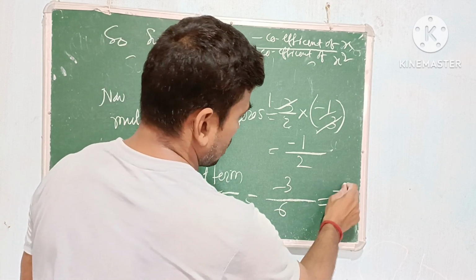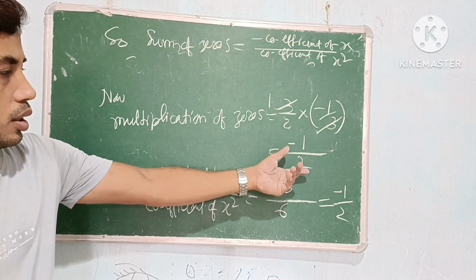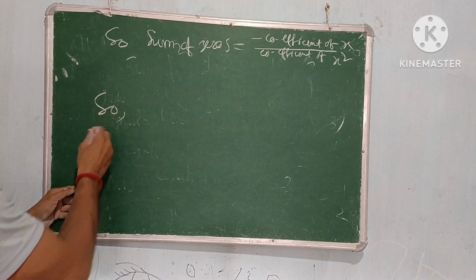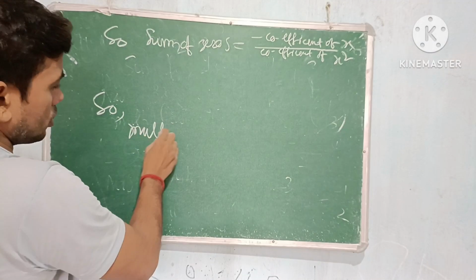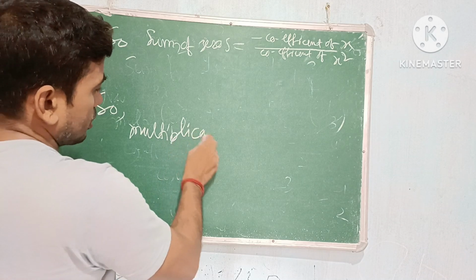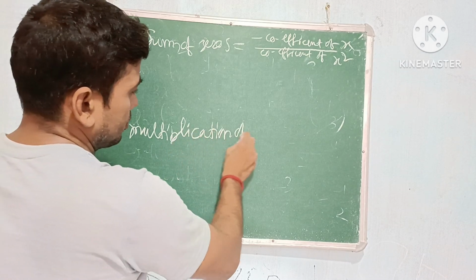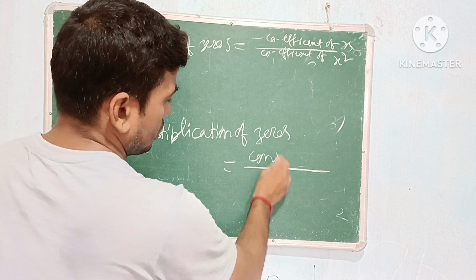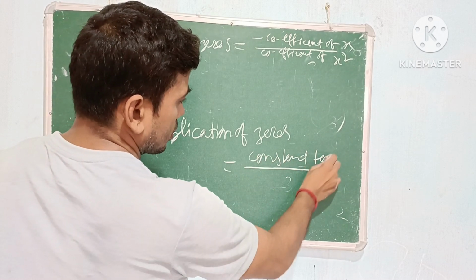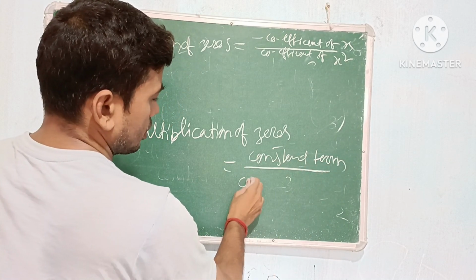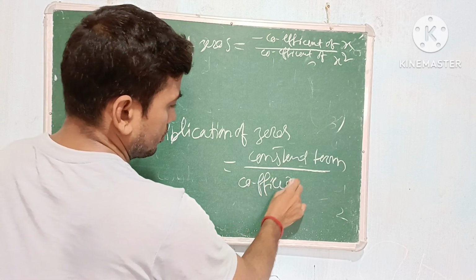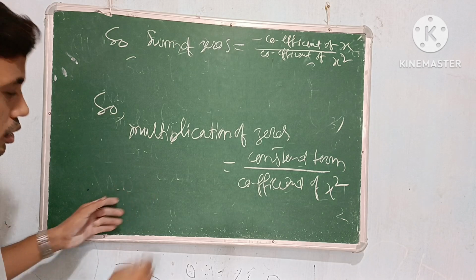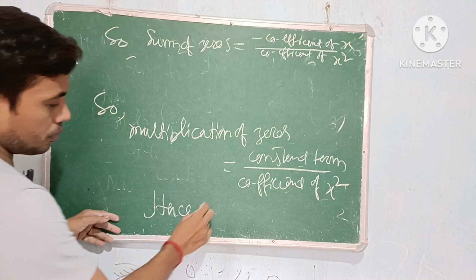That means 3 ones are 3, 3 twos are 6. So the right sides are equal, so the left sides are also equal. So the multiplication of zeros is equal to constant term by coefficient of x square. Hence both relations are verified.